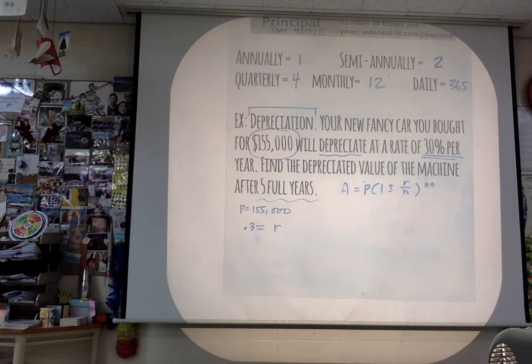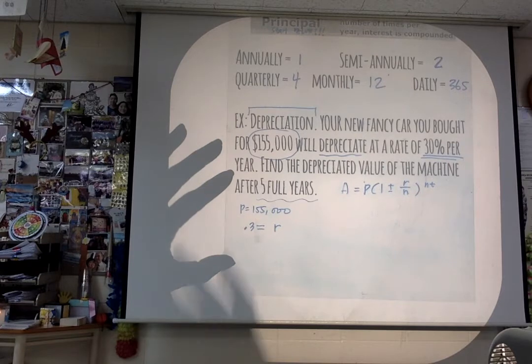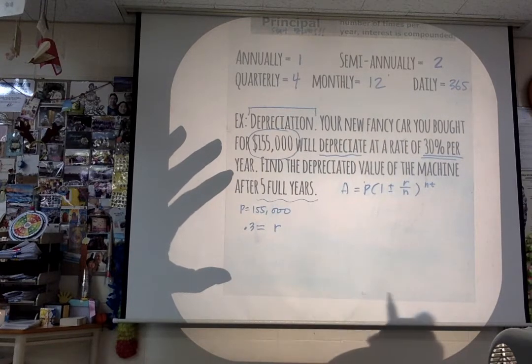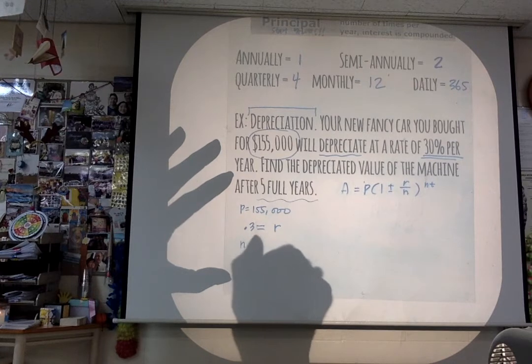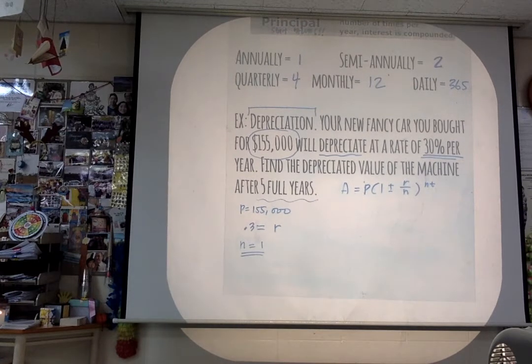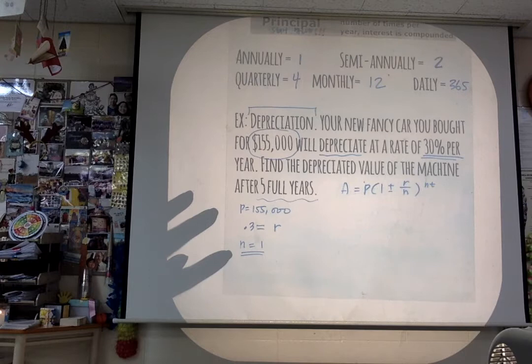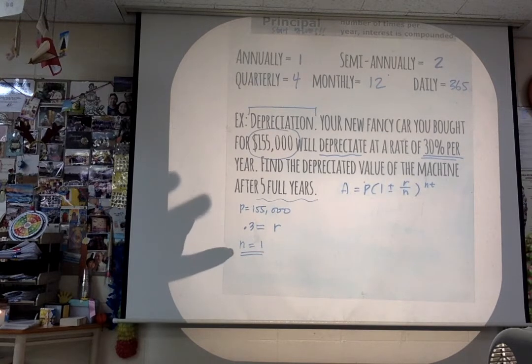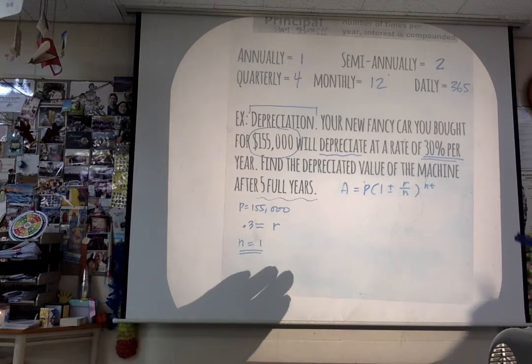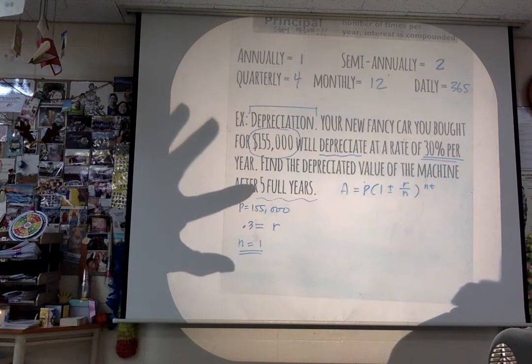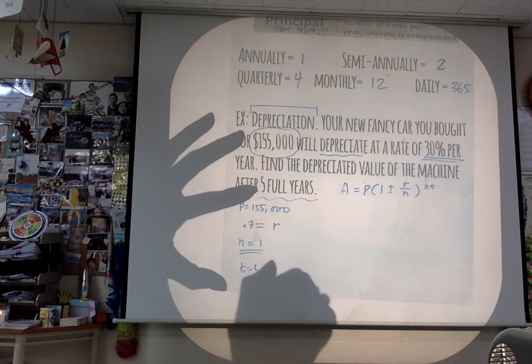Now tell me, does it say anything about it being compounded at all? No, it didn't, right? So the number of times must be 1. If they don't say anything, it must just imply that it's only going to be 1 time that it's going to be affected, okay? 1. So it's actually for 5 years though, right? The T is going to be 5 years, okay?